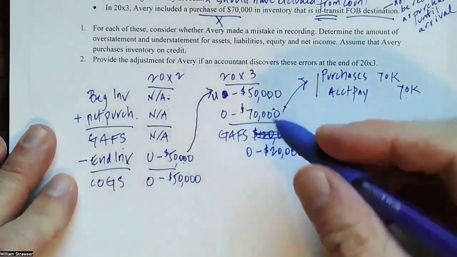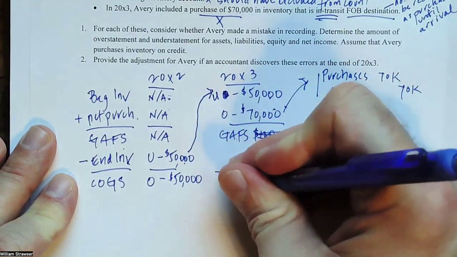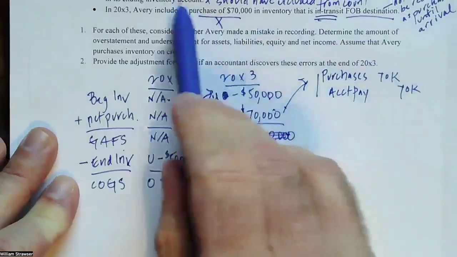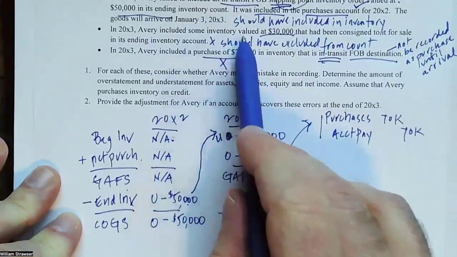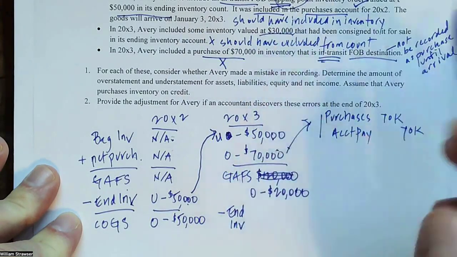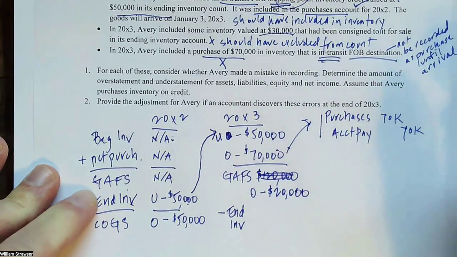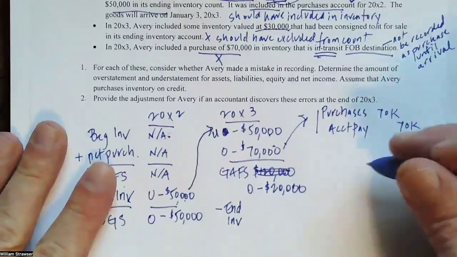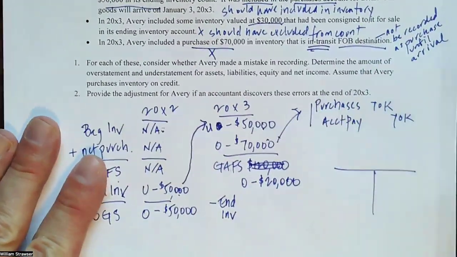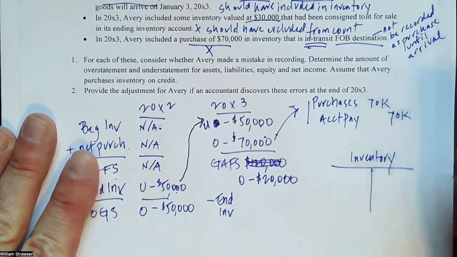Right. Now we have our ending inventory. And was there a problem with that in 20x3? There was. We included some inventory that had been consigned to us, the 30,000, but it should not have been included. Now remember, when we're doing our periodic inventory system, this is pretty important, right?